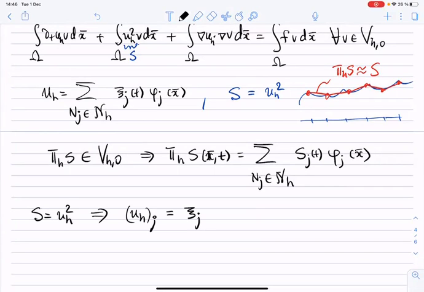If I just freeze time and define these coefficients in time, because the basis functions we know in space, but I'm constructing this Uh, what does it mean in time?